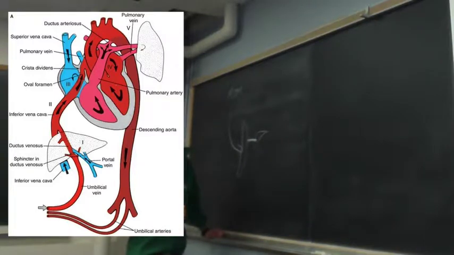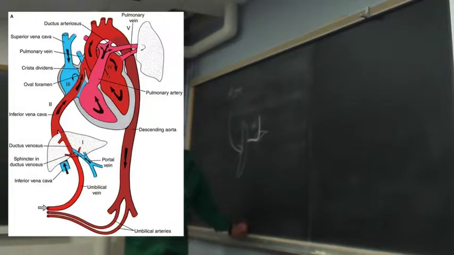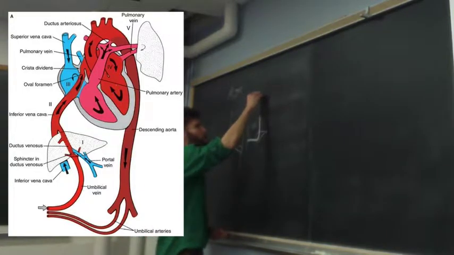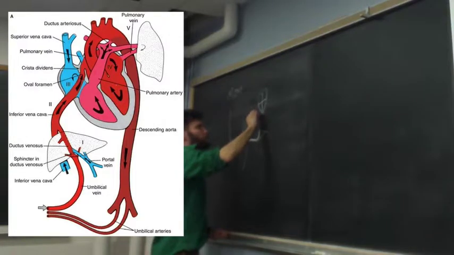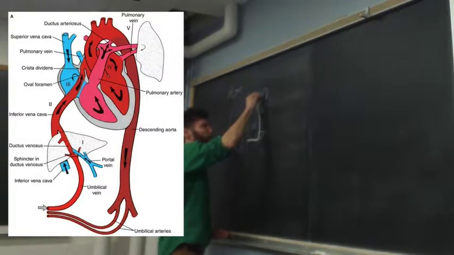Comes into the baby's liver from the placenta and goes via, so this is oxygenated blood, goes via the inferior vena cava, normally carrying deoxygenated blood. Comes in to the heart via the right atrium, because it's the inferior vena cava.